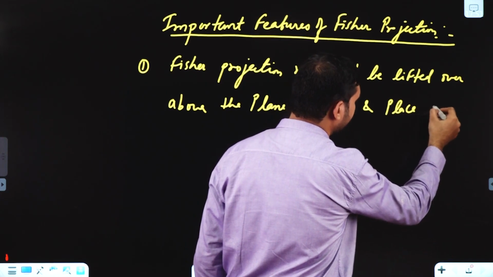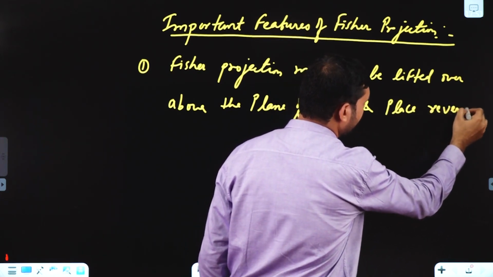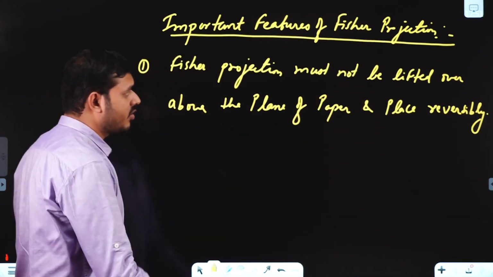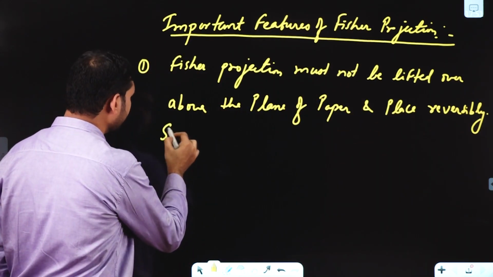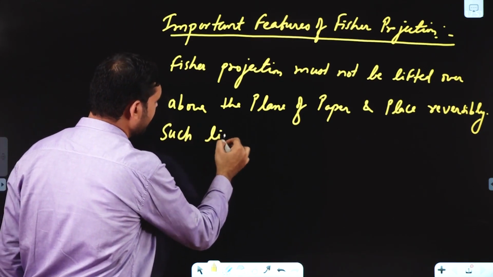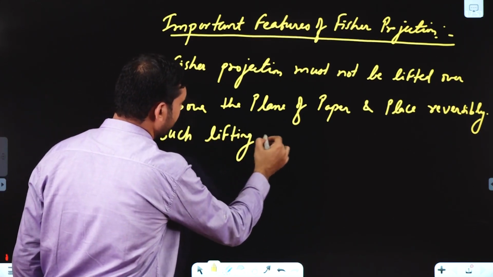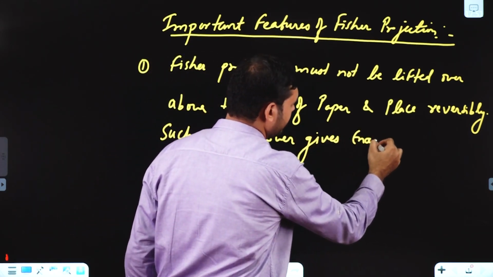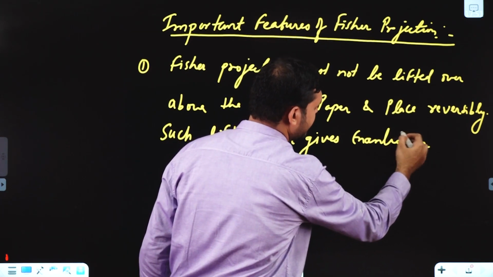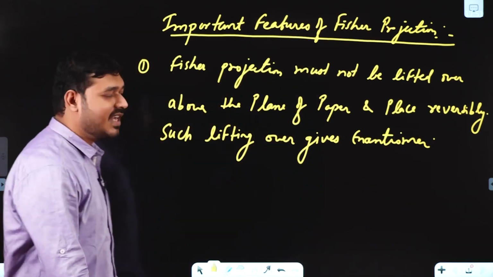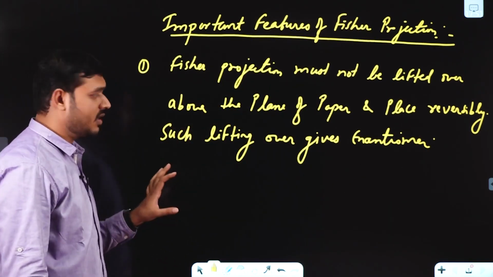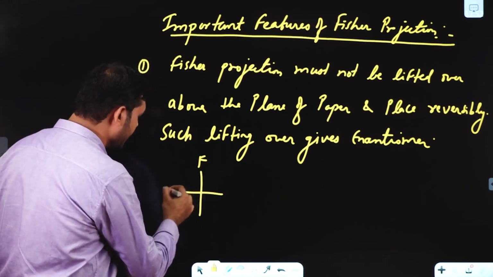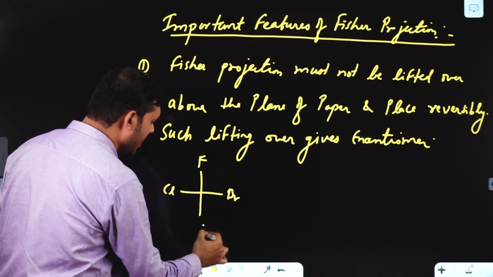and placed reversibly. Means you just made it reverse order. Such lifting over gives enantiomer. Let me tell you this with an example. Suppose I say fluorine, chlorine, bromine and iodine.